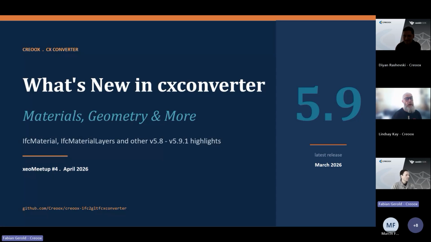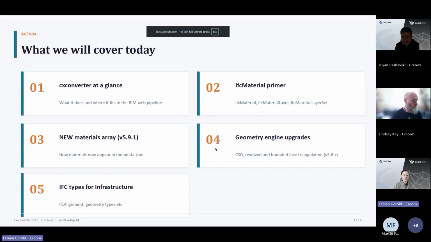Hi everyone, I'm Fabian. I develop the CX Converter, and today I'm going to give a short presentation about some recent developments that have been done in the past few months. And here's a quick overview of what I'm going to talk about. First, a quick overview of how the CX Converter works and what it does.